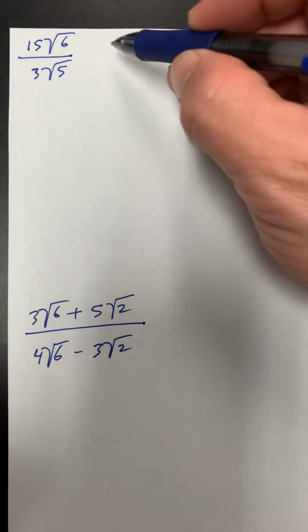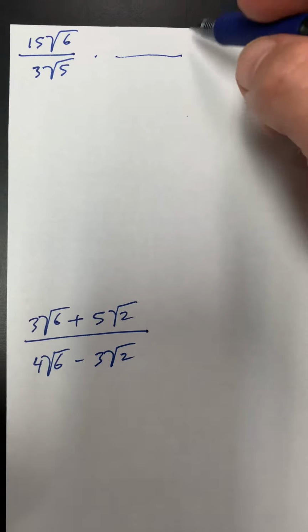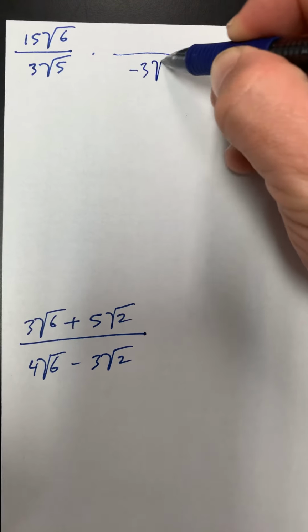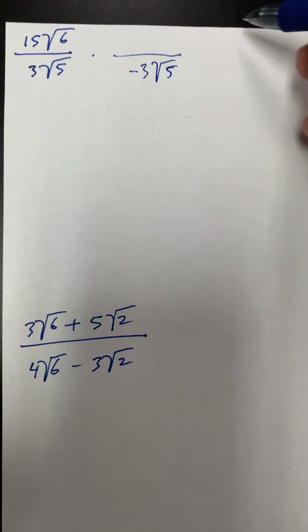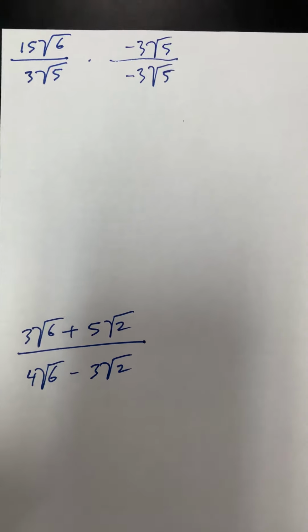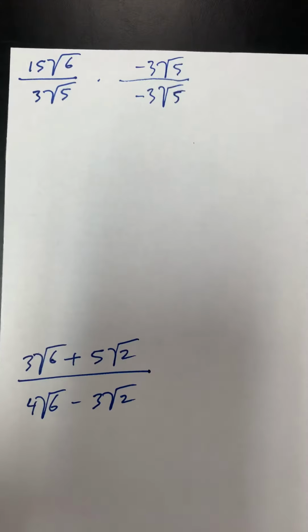Again, we're going to multiply both bottom and top, numerator and denominator, by the conjugate. So that's going to be negative 3 square root of 5 and negative 3 times the square root of 5. So what do we end up getting here?